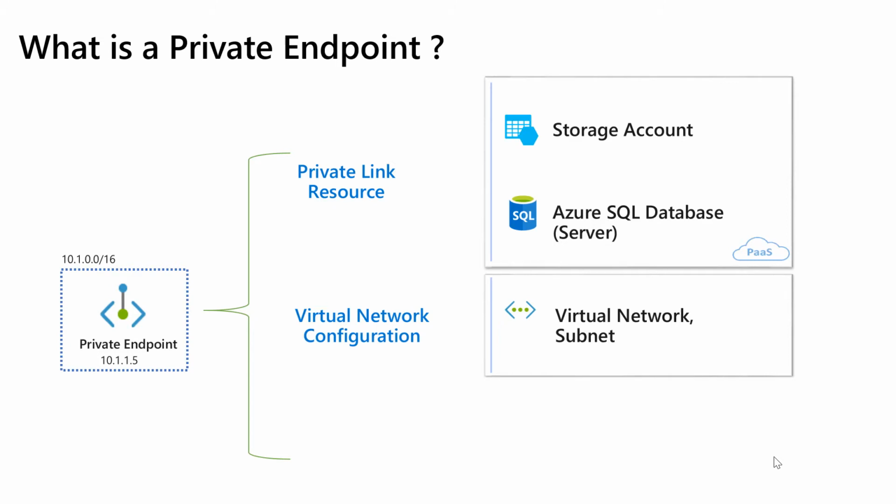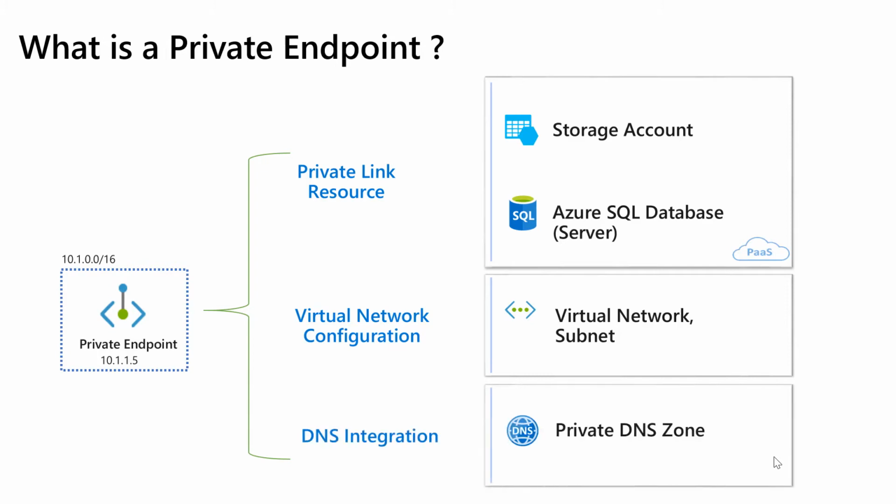Number 2 is it needs a virtual network and a subnet, so where is the IP address coming from that you will use for this private endpoint? And number 3 is DNS integration. We use an Azure service called private DNS zones, and this DNS zone is what does the magic of mapping your server name to the private IP address.